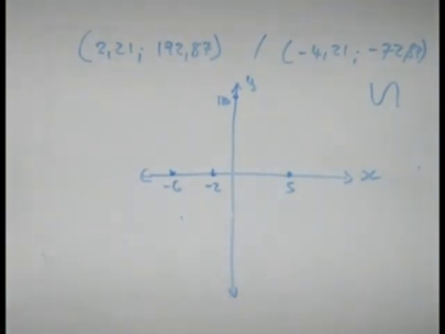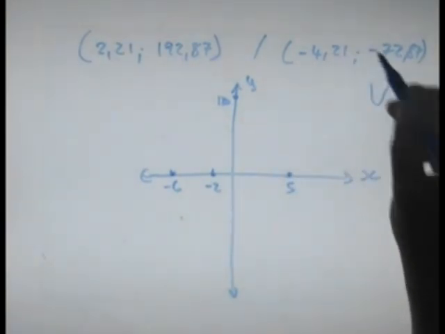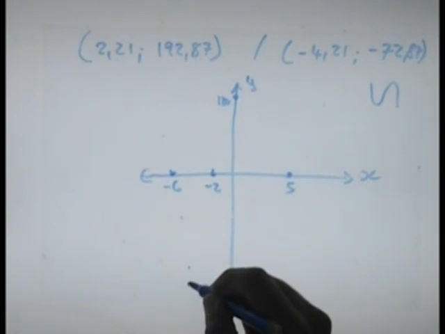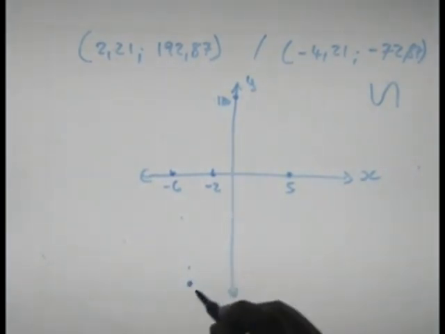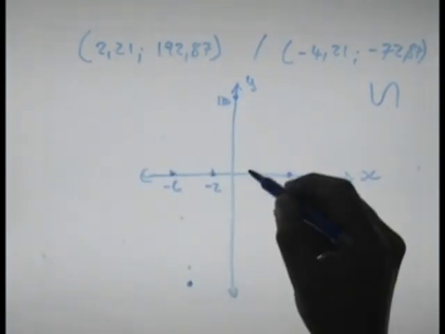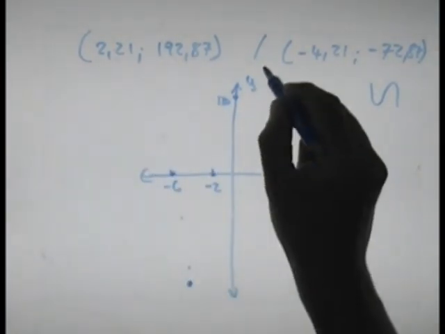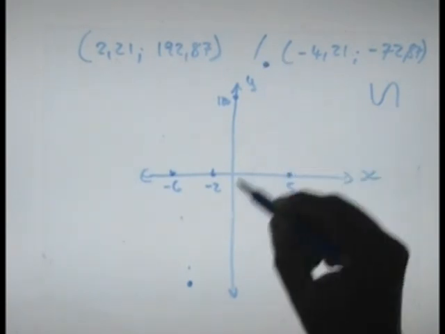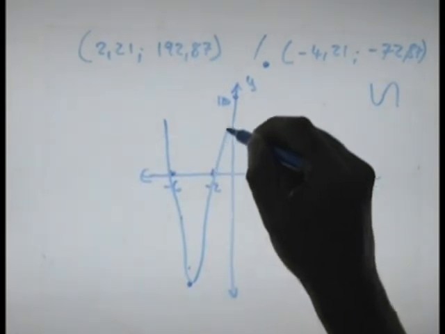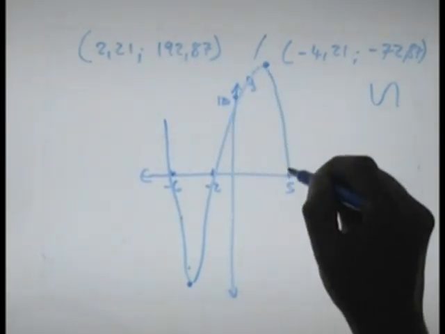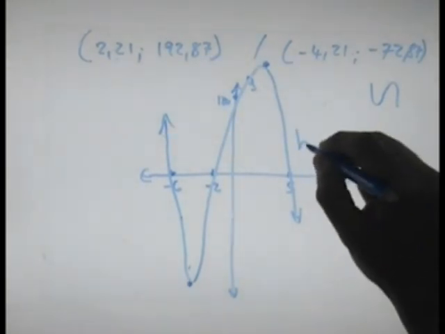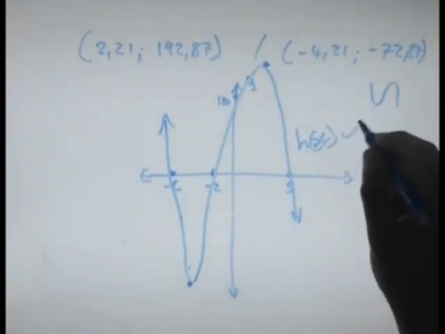My turning points are given by -4.21 as my x value, my y value -72.87. That's going to be somewhere down here. And my other turning point is 2.21 and a +192, which is going to be somewhere up there. So my graph is going to look something like that. Obviously this is an inaccurate graph, and this is h of x. Please always label it.